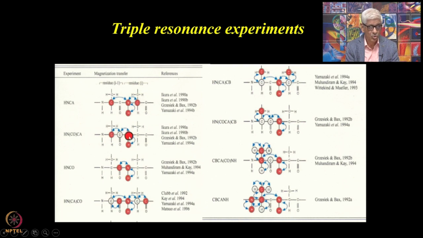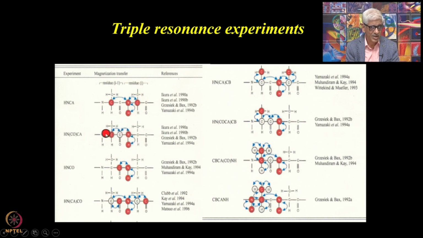Notice we do not go to this C alpha, we go to this C alpha. How do we do it? Because in the previous case we went directly from the nitrogen to the C alpha. Here we do not do it. We transfer from the nitrogen to this carbonyl, from this carbon we transfer to this C alpha. Therefore there is no question of going to the other C alpha at all.